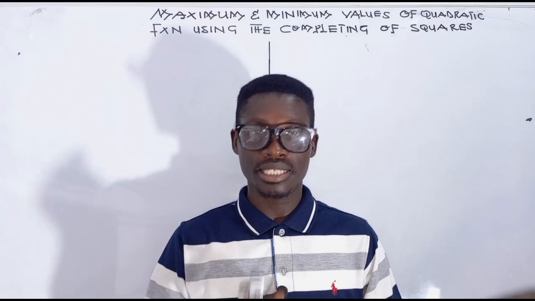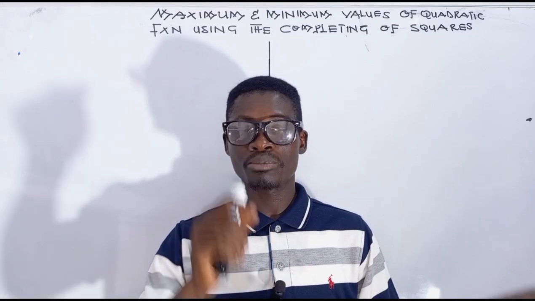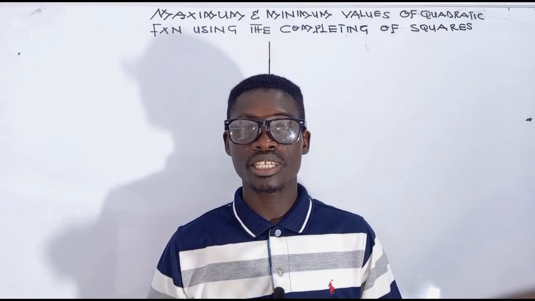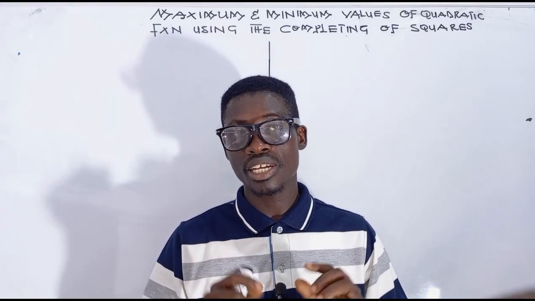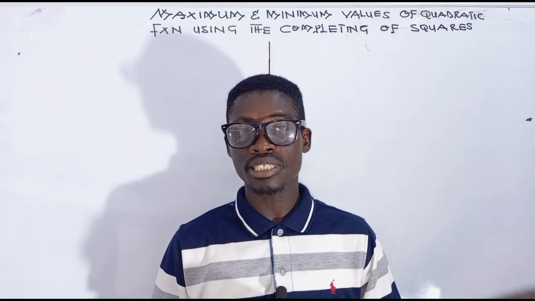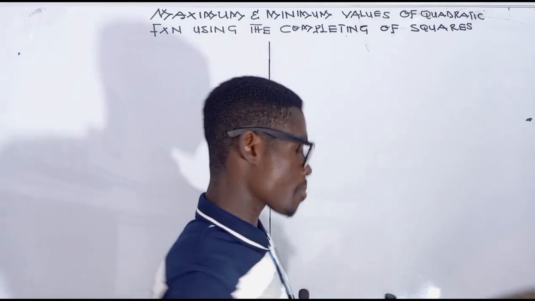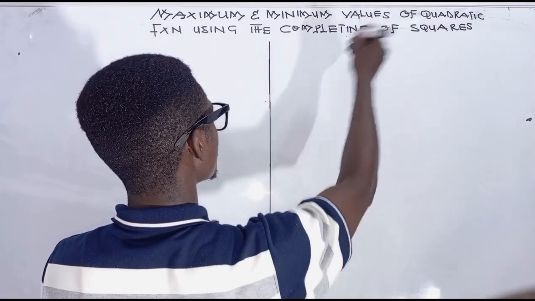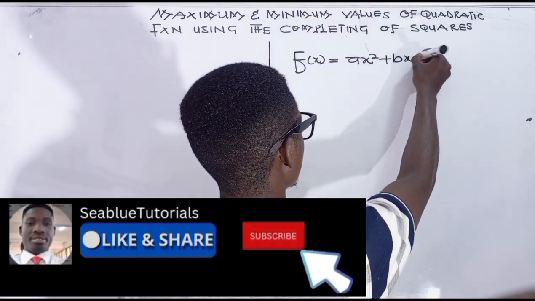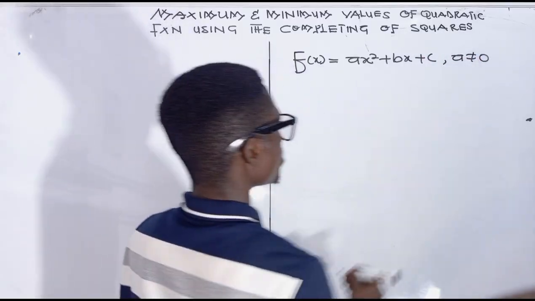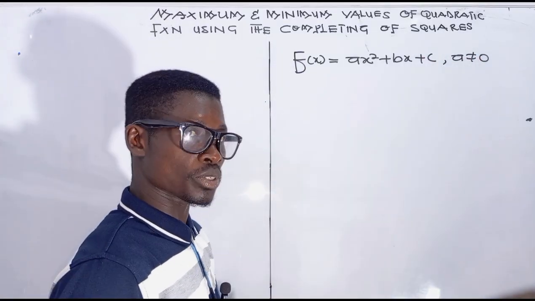So how do we find the minimum or the maximum value of a quadratic function using the completing of squares? In our previous lesson, we said that the quadratic function is of the form ax squared plus bx plus c, where a is not equal to 0.